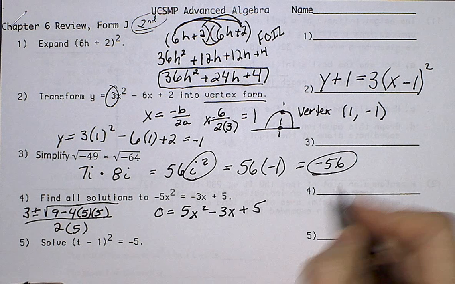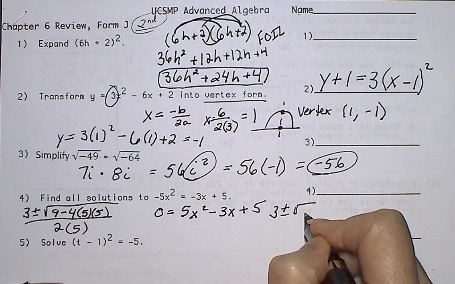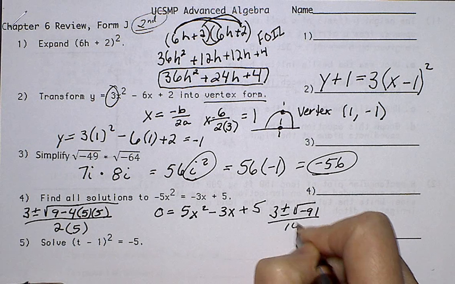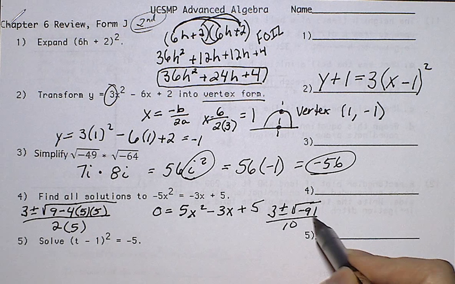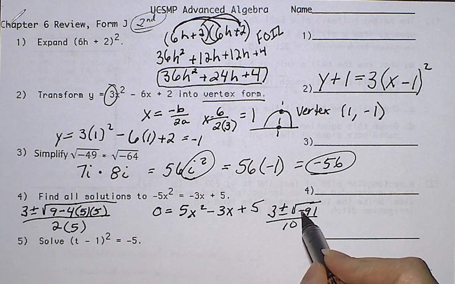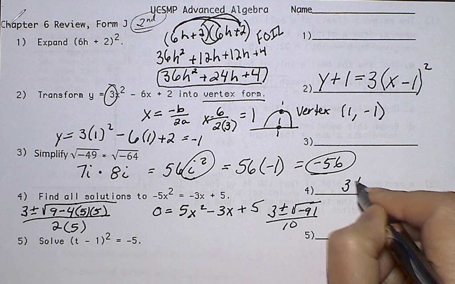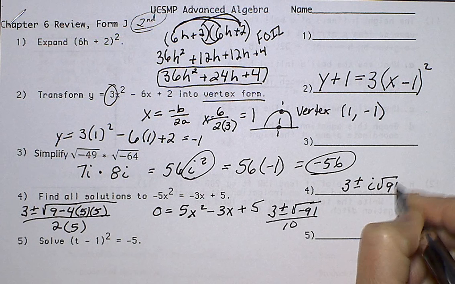So we have 3 plus or minus the square root of negative 91 all over 10. Well, since the square root of 91 doesn't break down anymore, there's no more perfect squares in 91, the only thing we have to do is take out that negative. So our final answer is 3 plus or minus i square root of 91 all over 10.